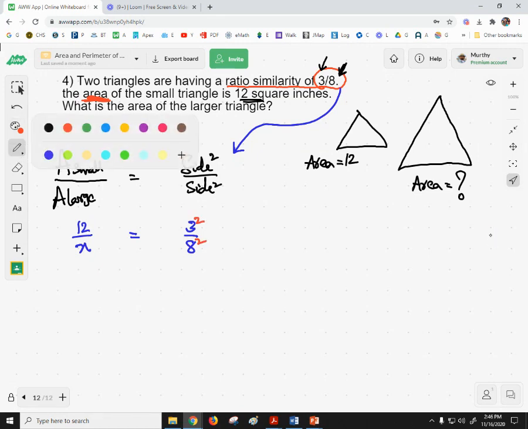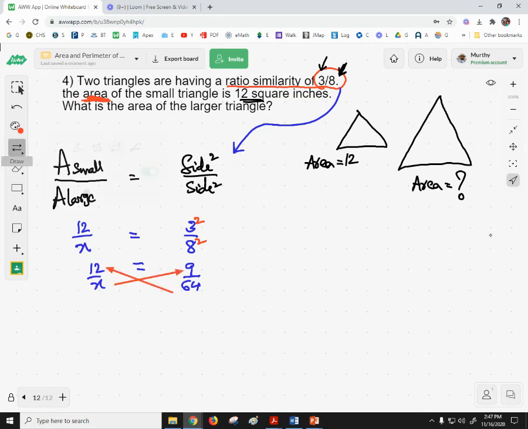Now go for the computation: 3 square is not 3 times 2, it is 3 times 3, that gives 9. 8 square is 64. Then 12 over x. At this point, you go for cross multiplication again in order to find the value of x, which is the area of the large triangle. So you have to compute.